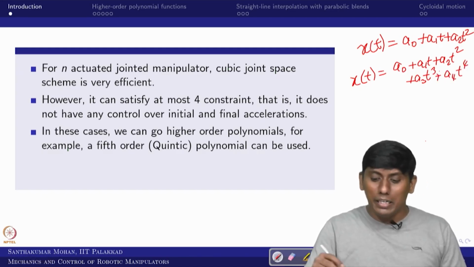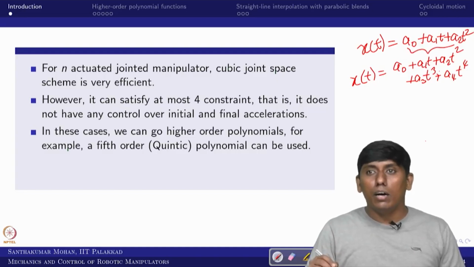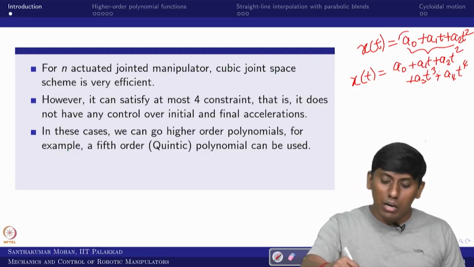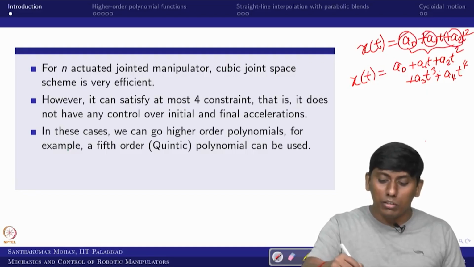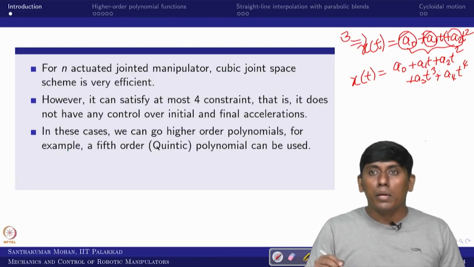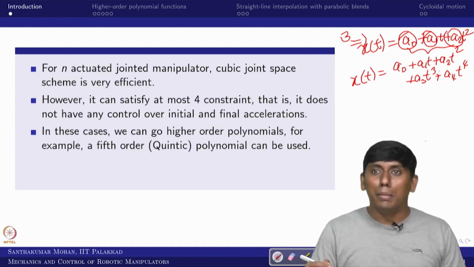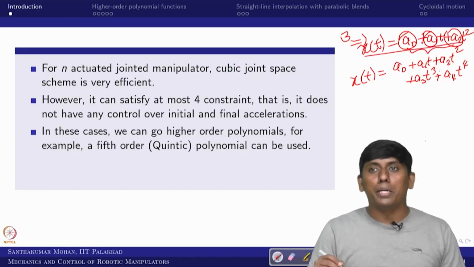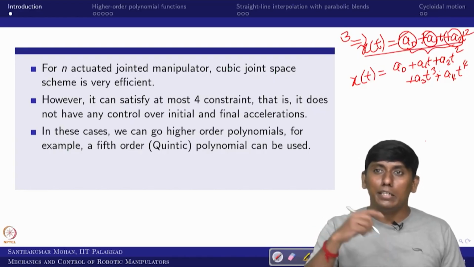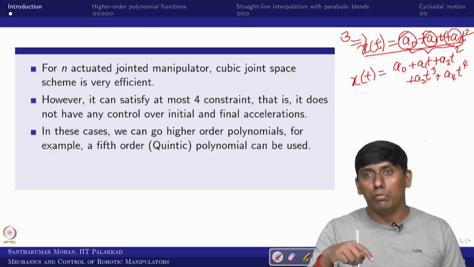Now what you can see is that there is an odd number of unknowns. In the quadratic case it is 3 unknowns, but the equations you can make are usually multiples of 2. You can take initial and final position, then one variable will not be covered, so we have to bring in initial and final velocity, which gives 4 equations.